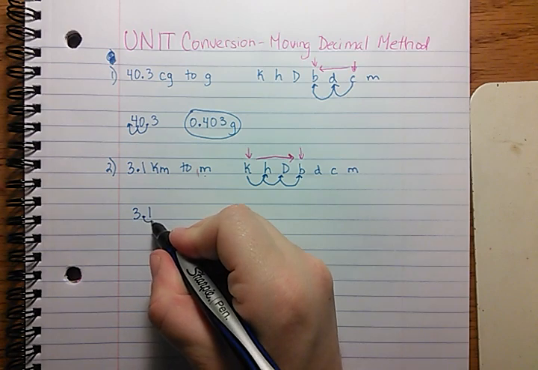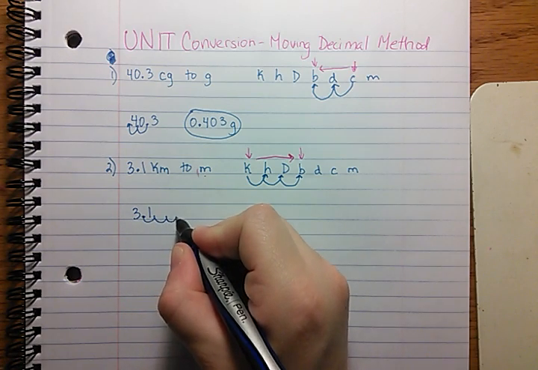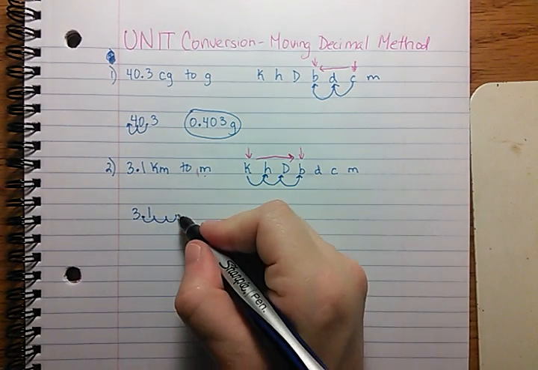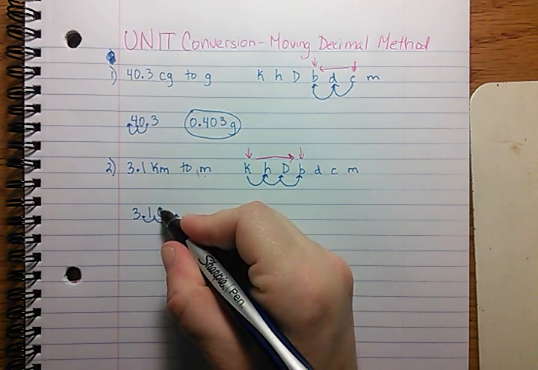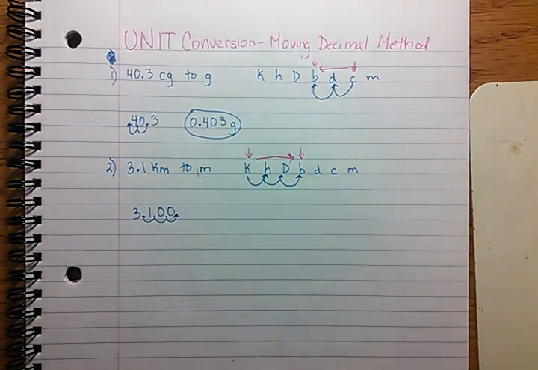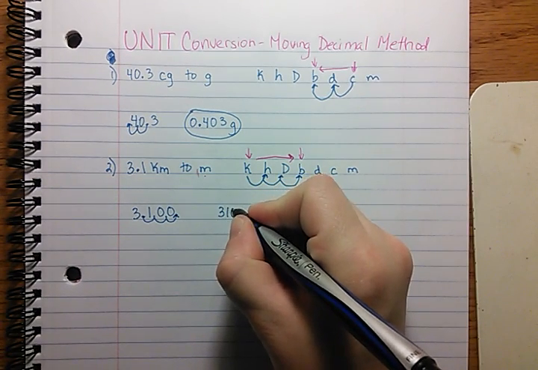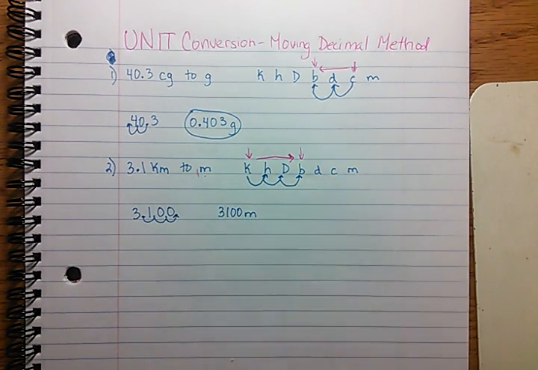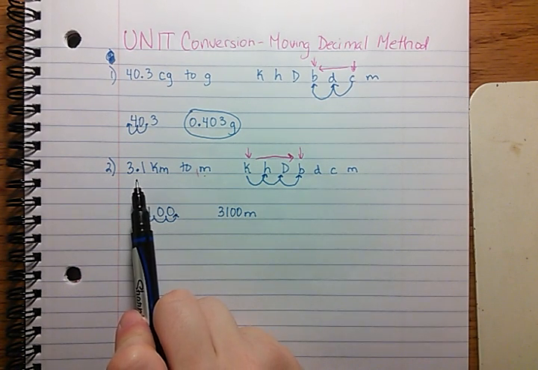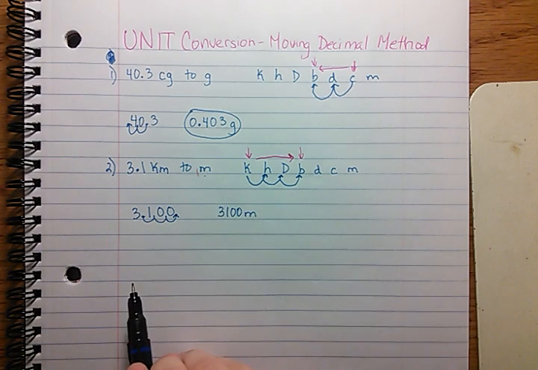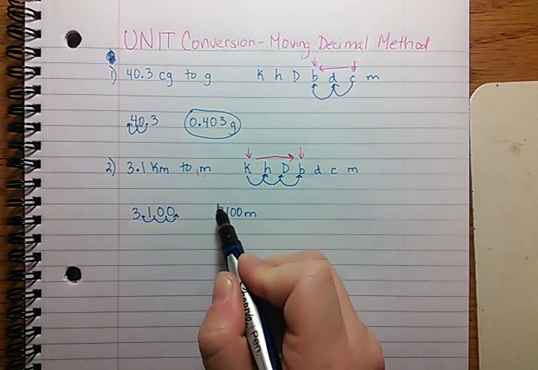So we count 1, 2, 3. Those empty spaces, you fill in with zeros. Our decimal ends up right here where I drew that arrow. So what this problem tells us is that 3.1 kilometers is the same as 3,100 meters.